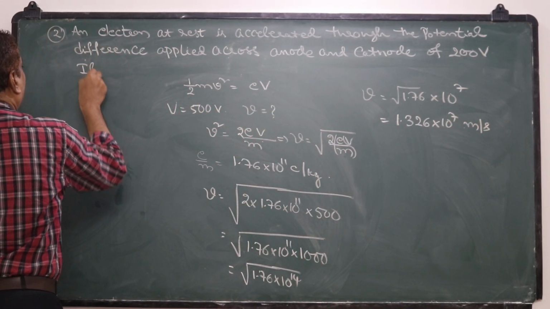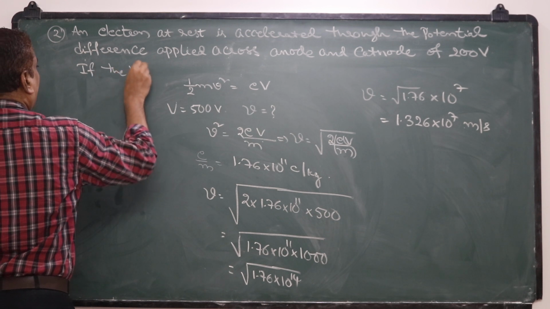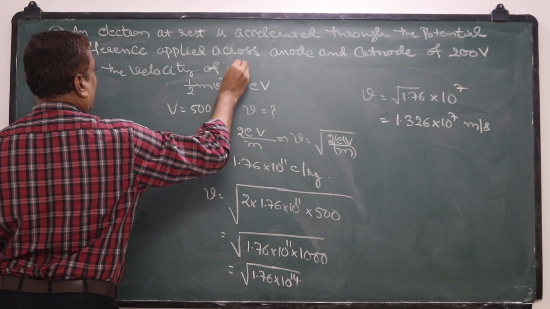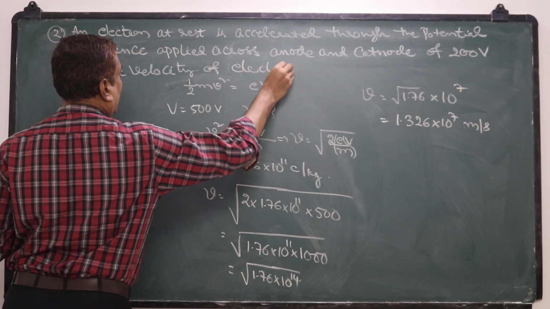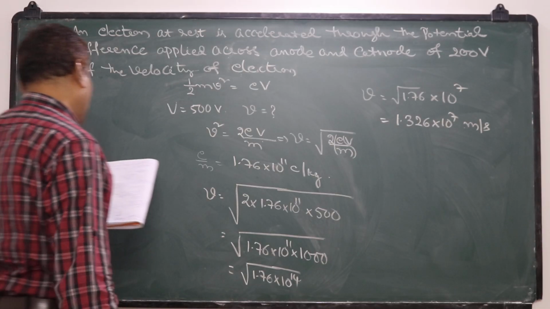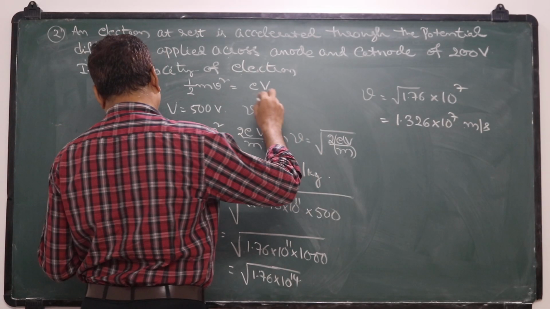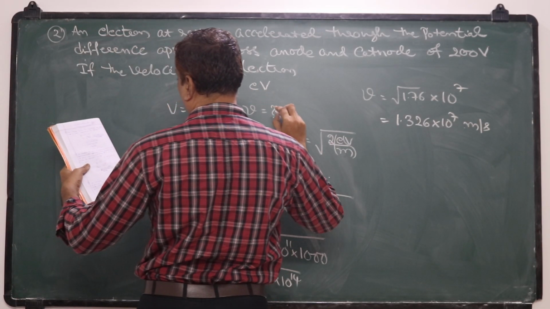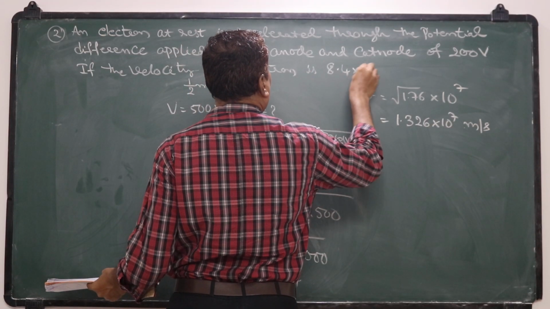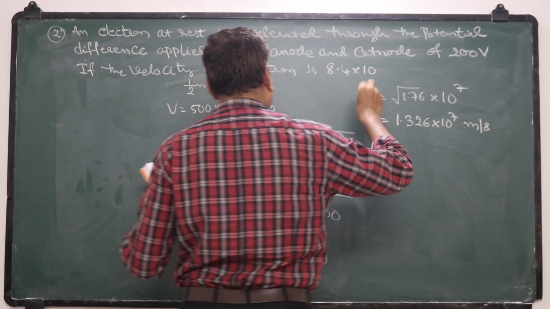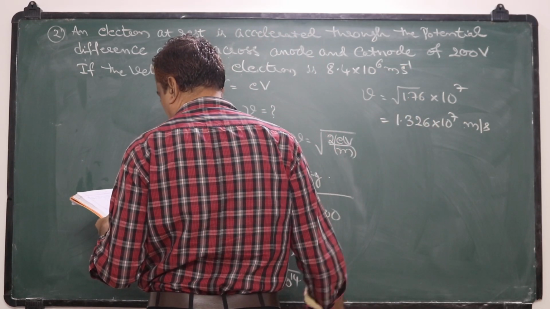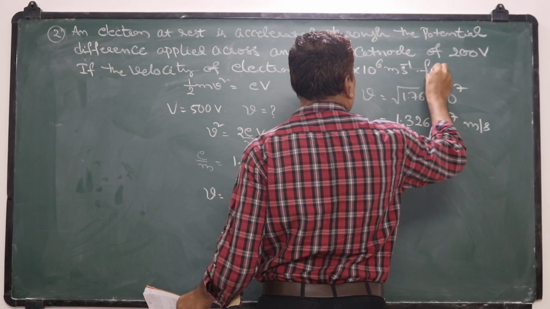If the velocity of electron is 8.4 into 10 power 6 meter per second, find its specific charge.